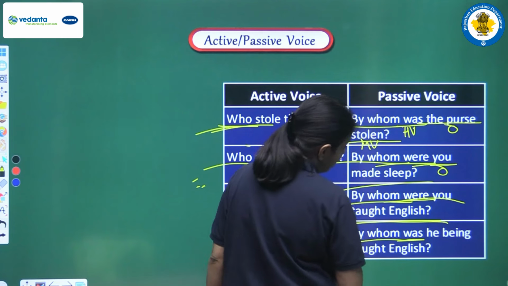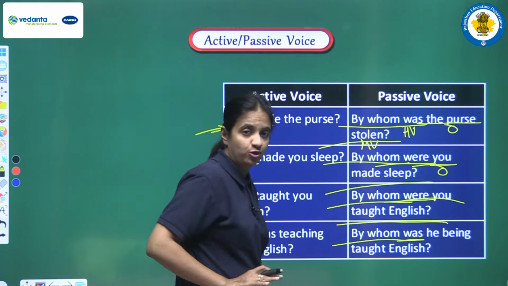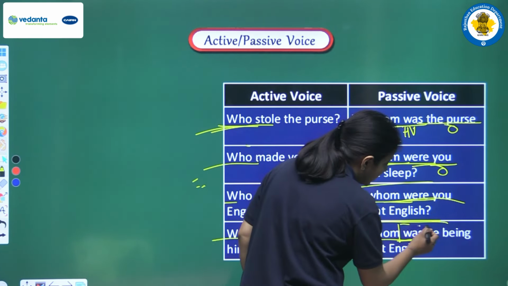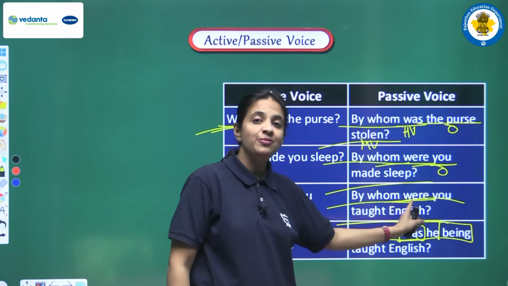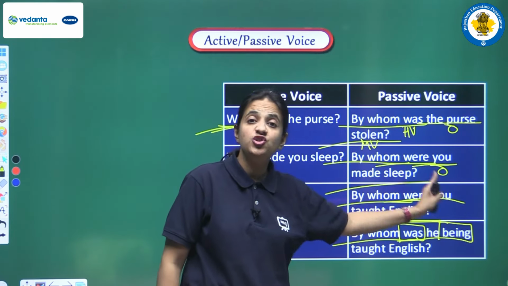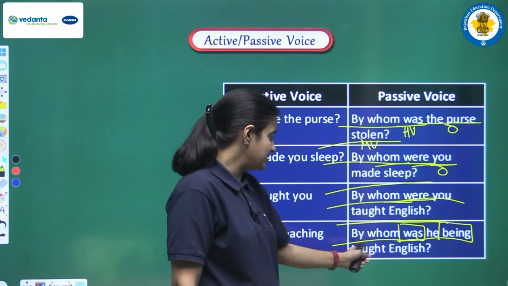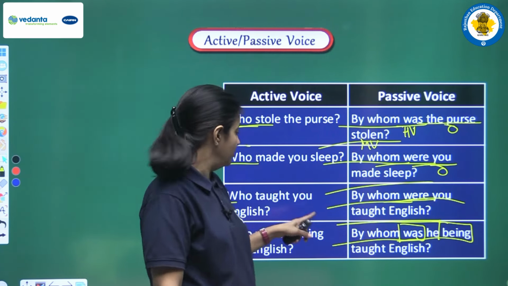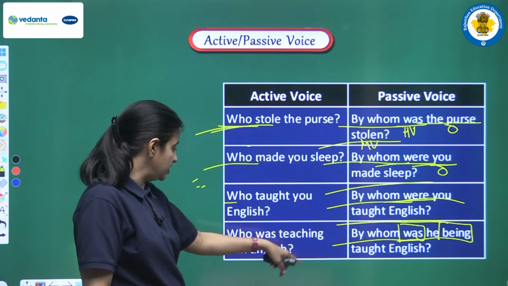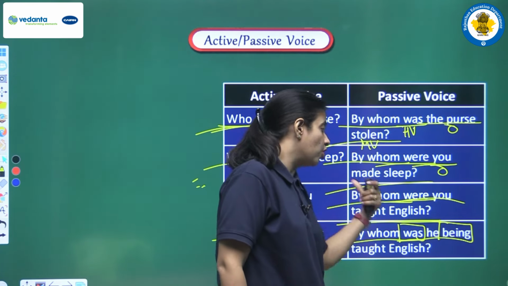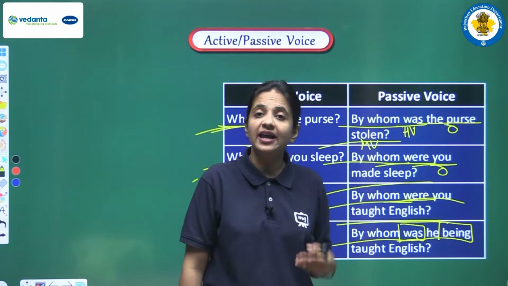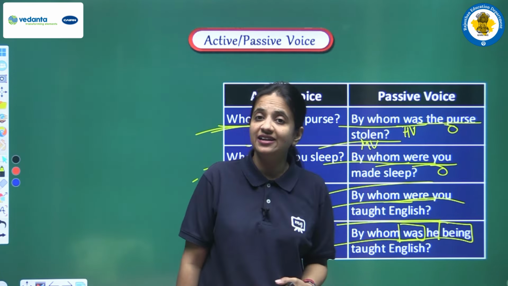Next, we write the helping verb, and here you have to be careful that "was" and "being" won't come together. In between we have to write the object, and after that the same thing, the third form of the main verb. So the sentence is "Who was teaching him English?" and the passive voice will be "By whom was he being taught English?" So this is very important.